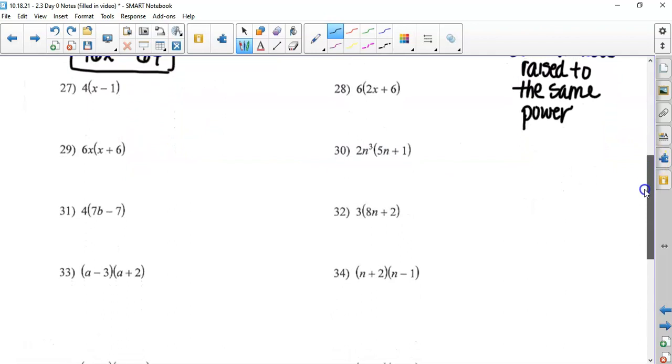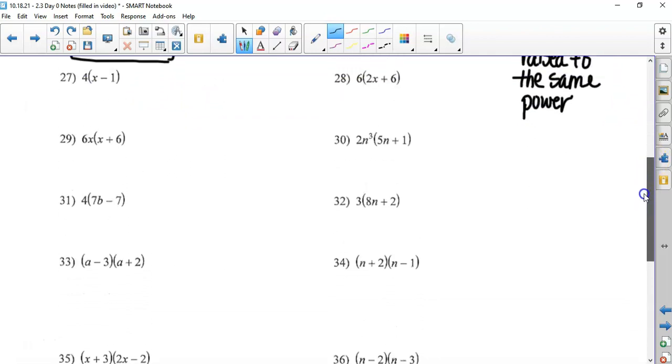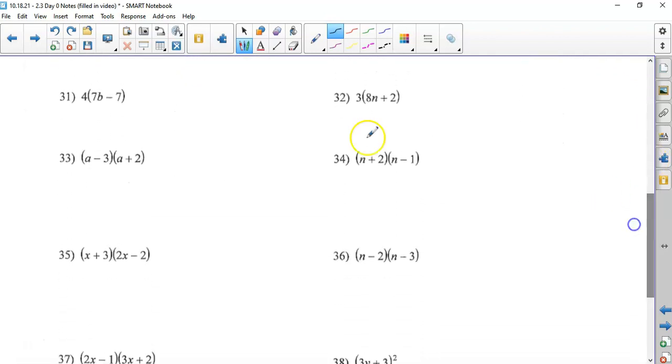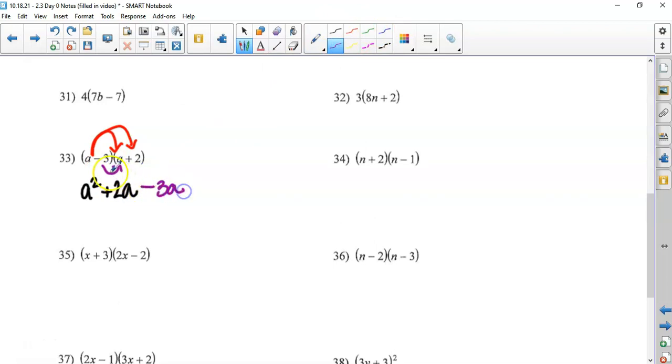Let's take a look at one more example. Let's see, how about 33? So we're going to do a times a is a squared. A times a positive 2 is positive 2a. And now we need to send in negative 3. So negative 3 times a is negative 3a.